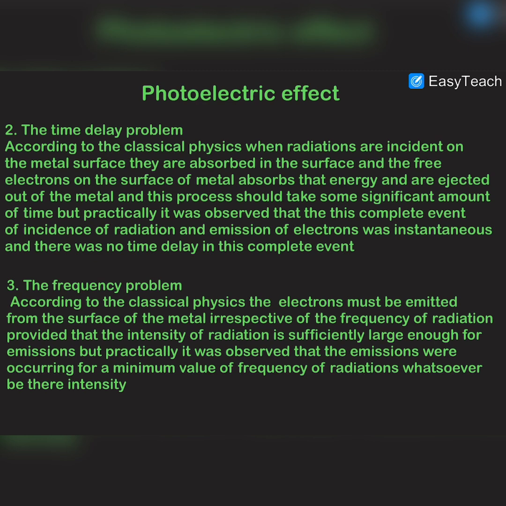In fact, a minimum frequency of the radiation was required for electrons to get out of the metal surface. So according to classical physics, there should be a minimum intensity of radiation for electron ejection, but practically there was a minimum frequency, irrespective of intensity. Again, this was a big failure of classical physics to explain the photoelectric effect.